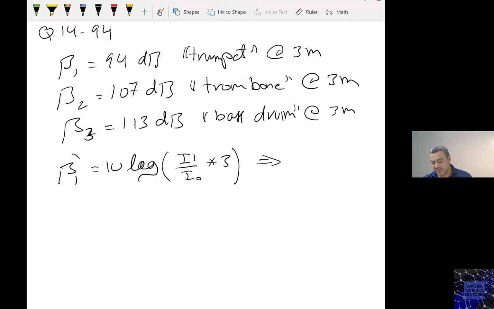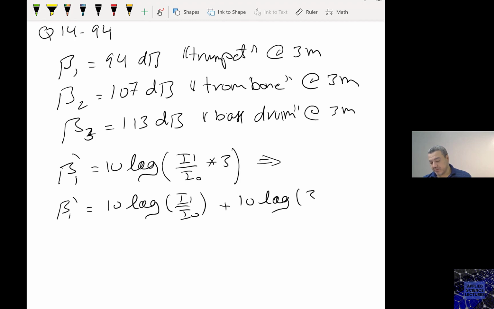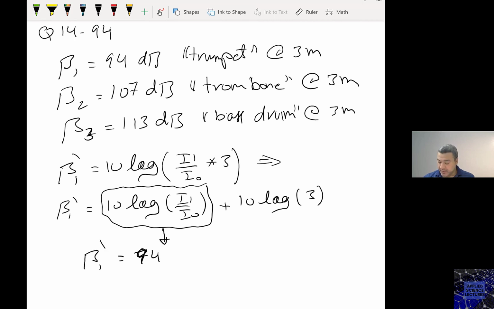Now this one is beta 1 prime equals 10 log I1 over I0 plus 10 log 3. Now this one is 94 plus 4.77, and then beta 1 prime is 98.77 dB.